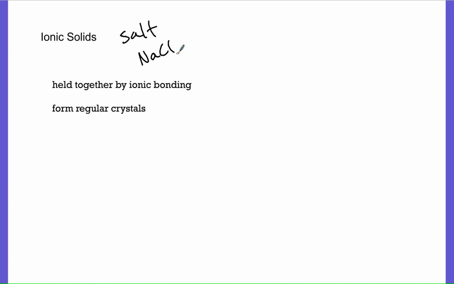But anyway, that compound is ionic, meaning that I have ions, positive sodium ions. Again, we should already be aware of that. And negative chloride ions, and those ions are attracted to each other. And those attractions are called ionic bonds, right?